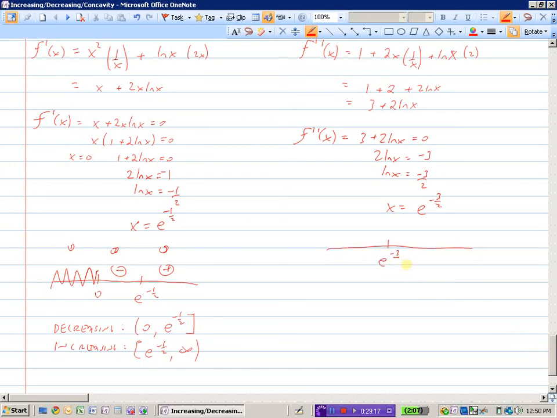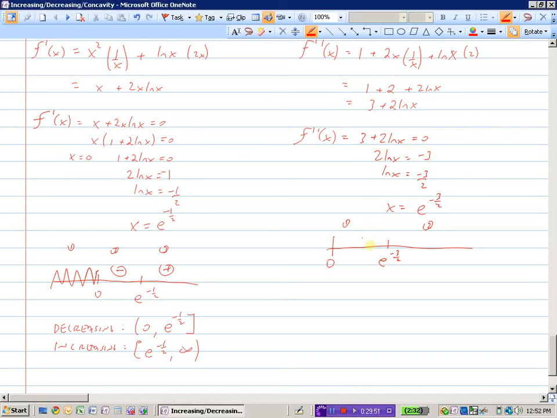And that gives us 2 regions where the concavity will be either positive or negative. And I'm going to test a number somewhere between 0 and e to the -3/2, because again our function is not defined for x values less than 0. I'm testing a number on the calculator between 0 and e to the -3/2. When I substituted into this function, it was negative.